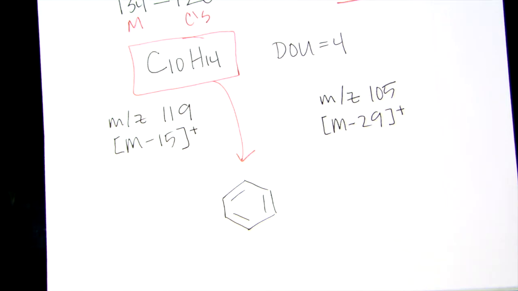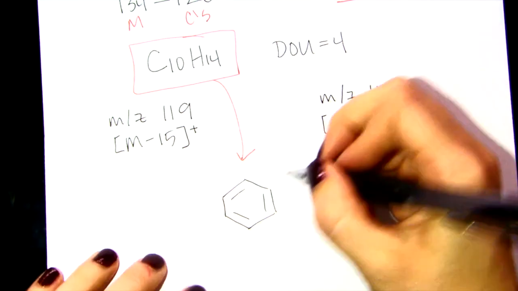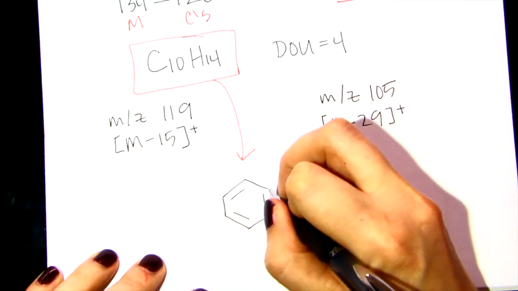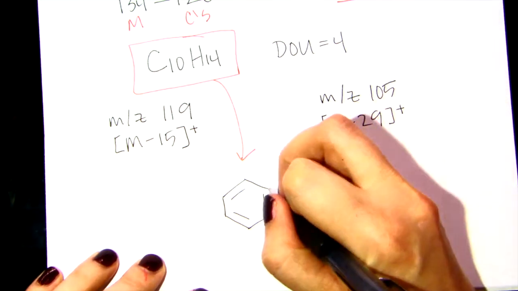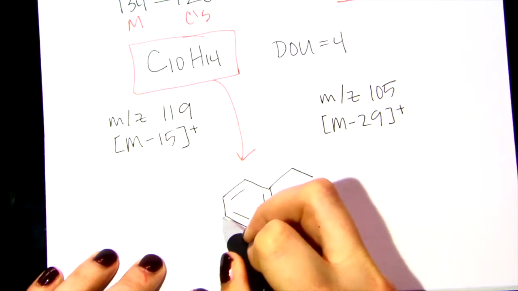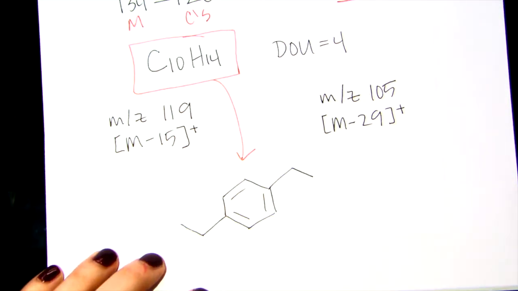That's 6 carbons. We still need 4 more. So you can just put stuff on there. We know we at least have an ethyl group. So maybe just stick some ethyl groups on there. Sure, it doesn't have to be symmetric. You're just trying to come up with stuff that might exist.